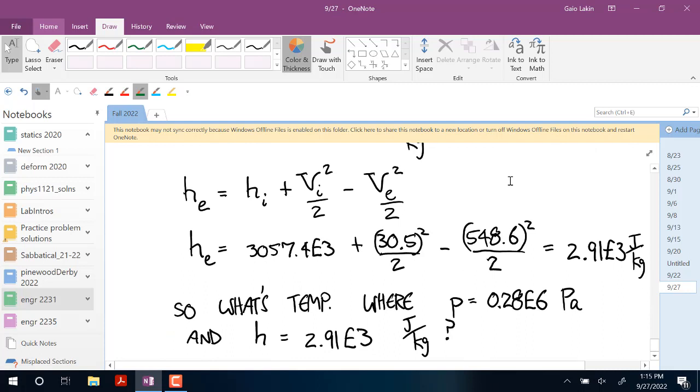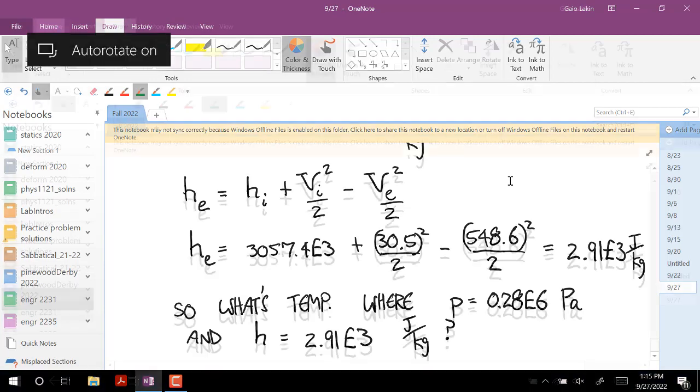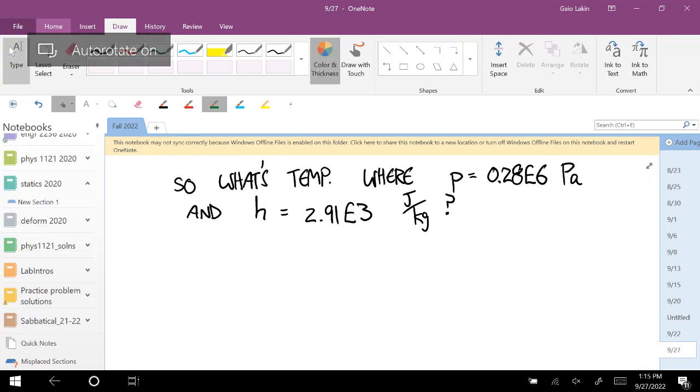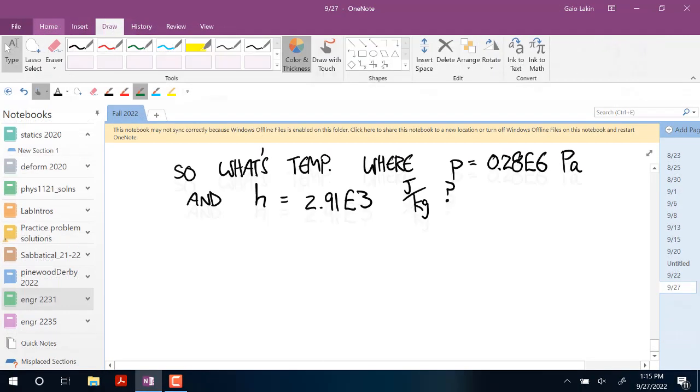Okay, so look that up. I did get tired of interpolating on that one. So let's look at the values in the table.